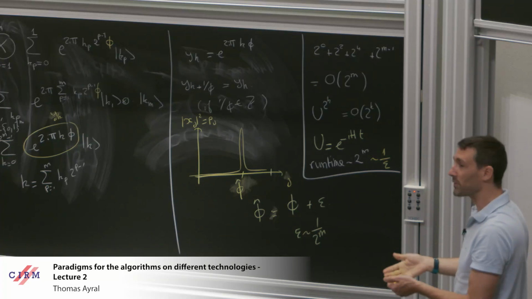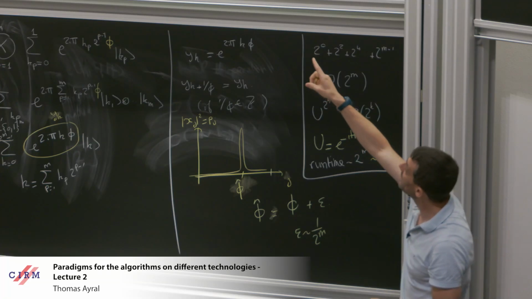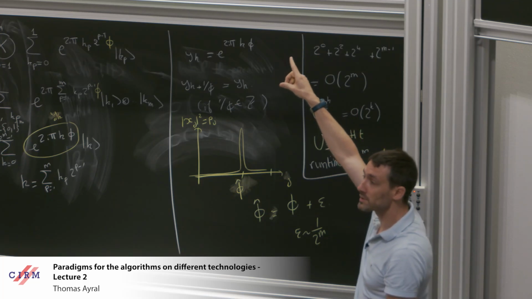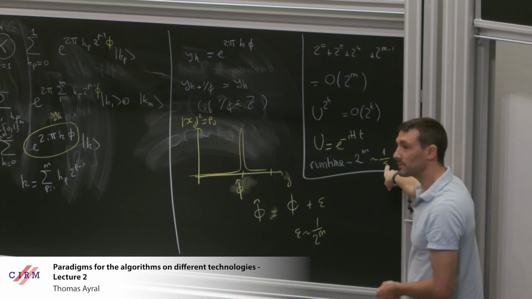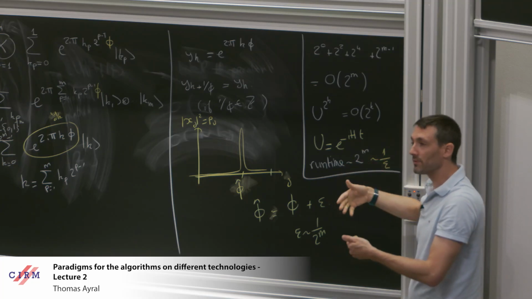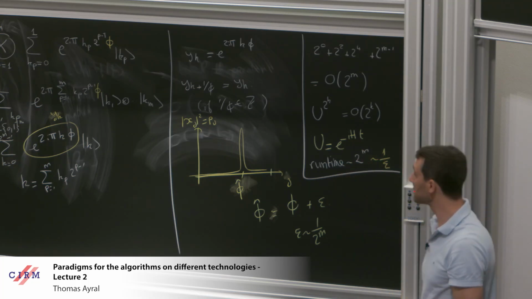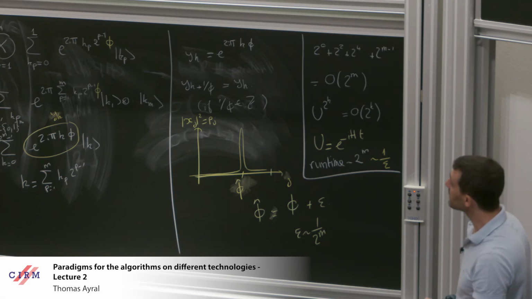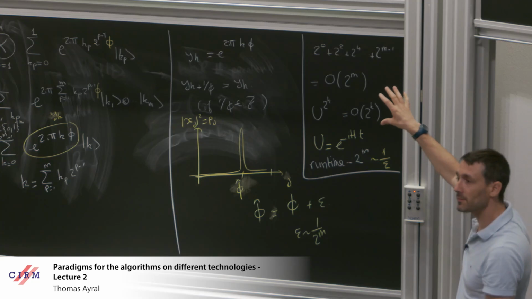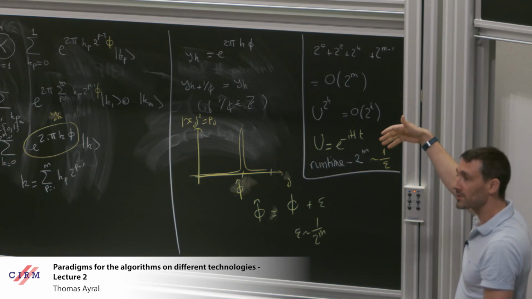And this is why we do quantum mechanics, essentially: to go from a scaling of 1 over epsilon squared, which is the central limit theorem, to this, which is the quantum way of measuring an energy. So this is what we achieve with quantum phase estimation. And in the hands-on this afternoon, we'll actually implement this phase estimation and do it for an actual molecule.